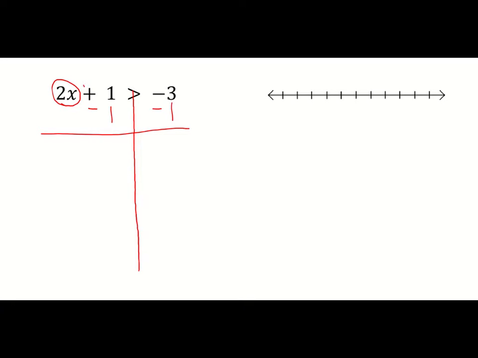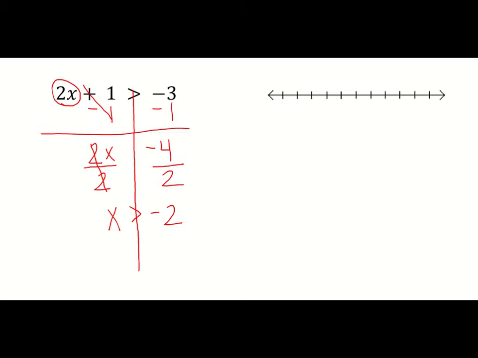So I'm going to have 2x, and I'm going to have negative 4. And then I'm going to divide by 2 on both sides. So if I divide by 2, I'm left with x, and negative 4 divided by 2 is negative 2. And then I'm going to drop down my inequality symbol. So I have here x is greater than negative 2.